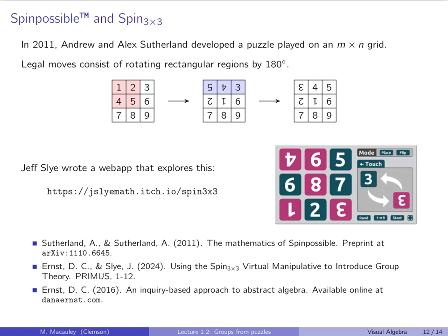In this puzzle, a legal move consists of rotating rectangular regions by 180 degrees. For example, this is called the home state or the solved state configuration, and if you identify this 2x2 subregion and rotate everything by 180, you can see what happens over here.